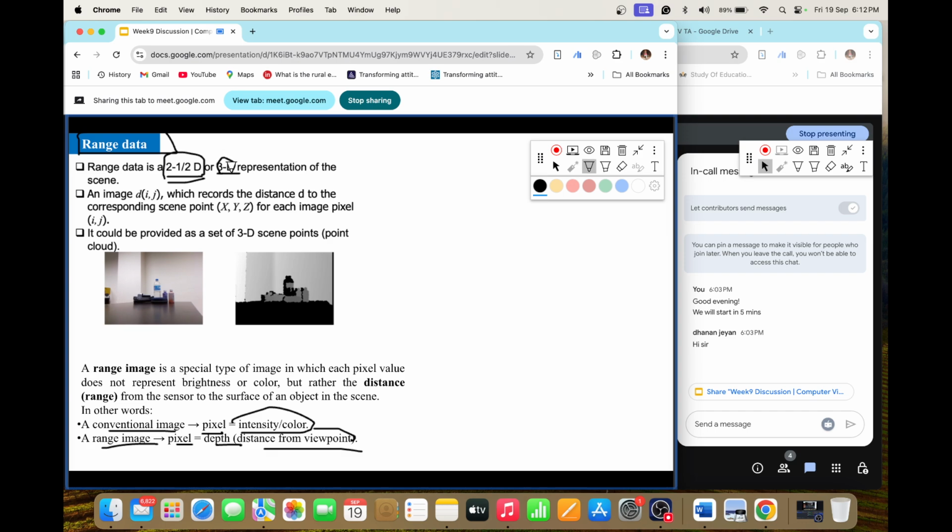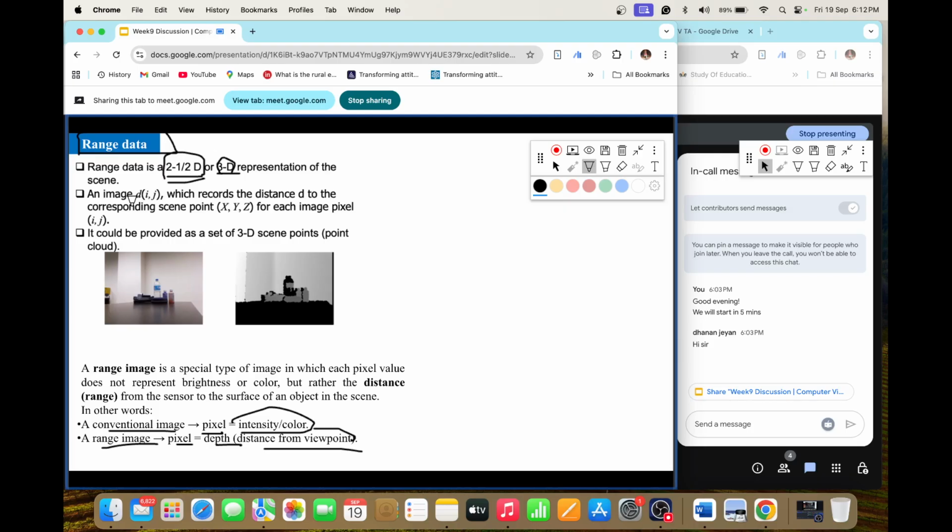A 3D image means x, y, z as well as the color intensity value. z gives the depth coordinate and x, y give the color. So that is a 3D image. But a range image is a 2 half D image, which means x, y will only give me the depth. That is why it is known as range image or range data, and also as a 2 half D image.